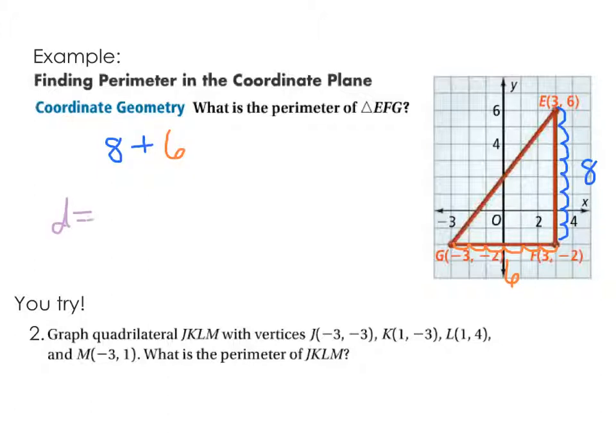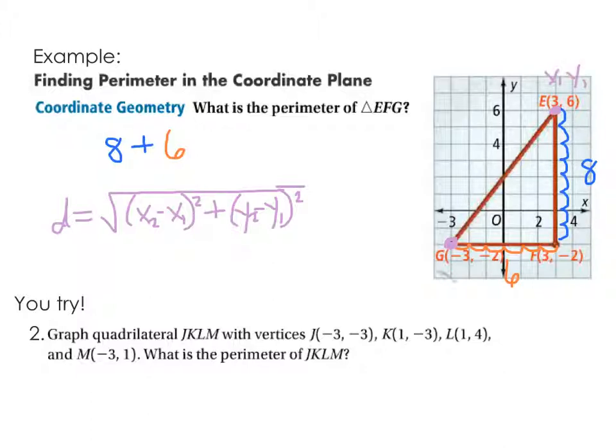Distance is equal to the square root of x sub 2 minus x sub 1, that quantity squared, plus y sub 2 minus y sub 1, that quantity squared. I'm going to go ahead and look from G to E. I'm going to call my E my x sub 1 and my y sub 1, and my G my x sub 2 and y sub 2.